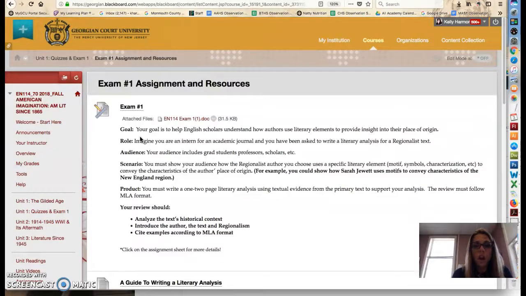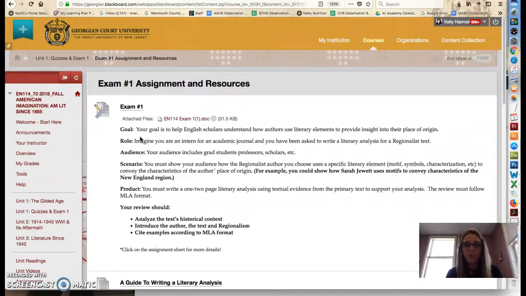You must show how that author chooses a specific literary element. It could be a symbol, it could be characterization, it could be setting, to convey the characteristics of their place of origin. So, you need to be able to identify, well, what is the author's place of origin?